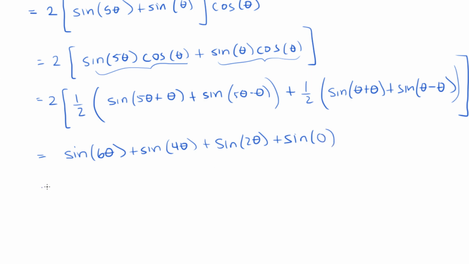Sine of 0 is 0, so you're left with sine of 6 theta plus sine of 4 theta plus sine of 2 theta, which is your answer.